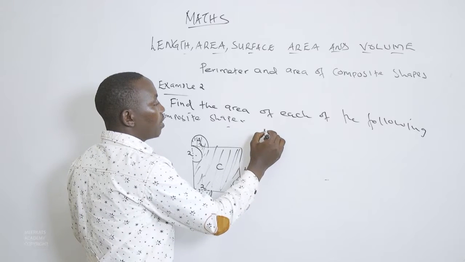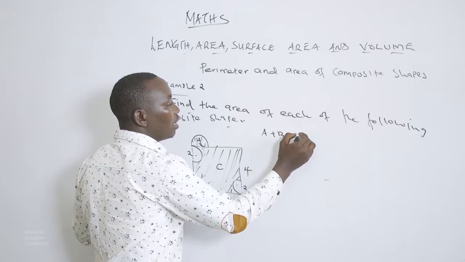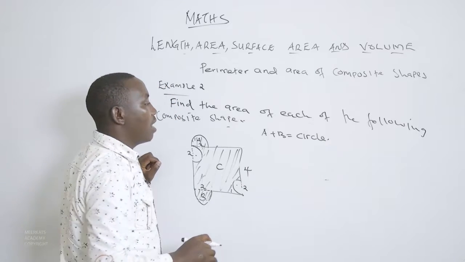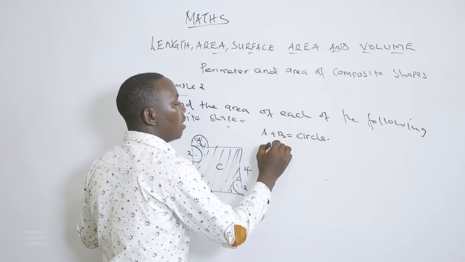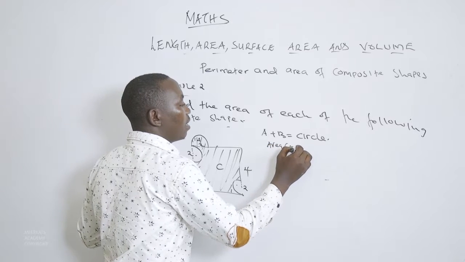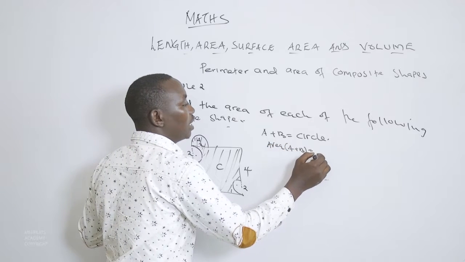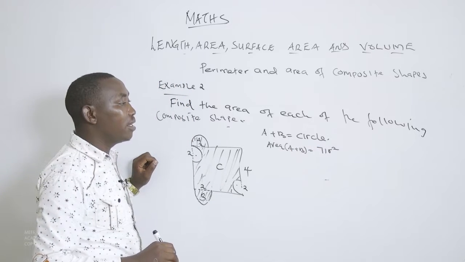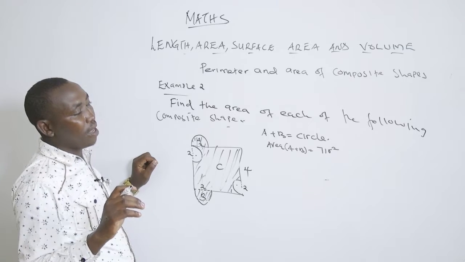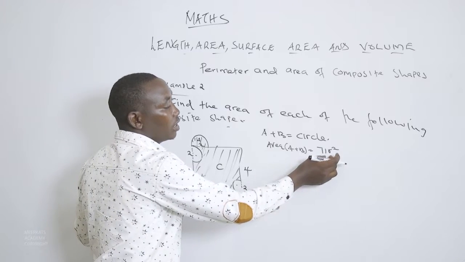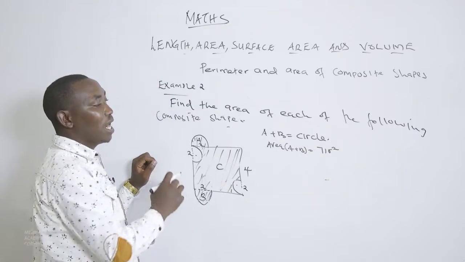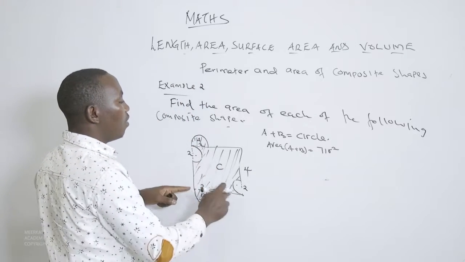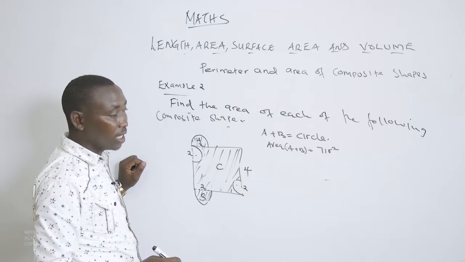So A plus B gives us a circle, and therefore the area of A and B shall be given by pi r squared. That is the pi, which is a constant, multiplied by the radius of that particular circle. Then we need to get the area of this other part, which is a square.